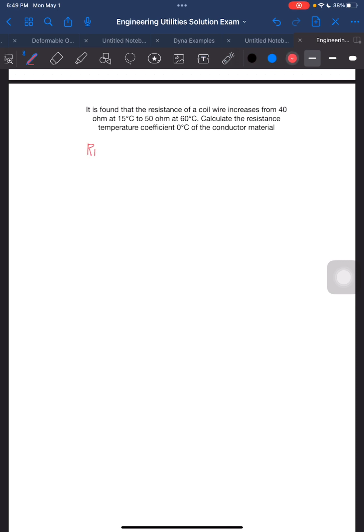R1 is equal to 40 ohm. R2 is equal to 50 ohm. Temperature 1 is equal to 15 degrees Celsius. Temperature 2 is 60 degrees Celsius. And alpha O is unknown.